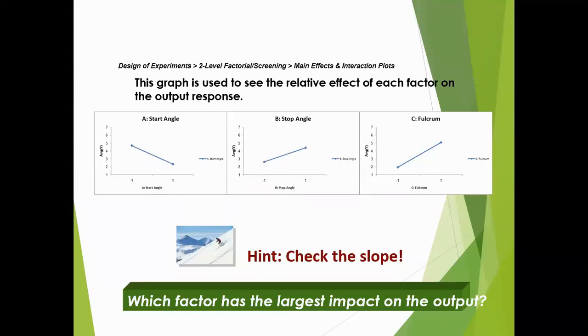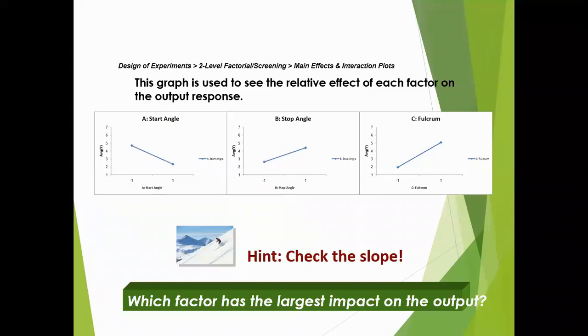The factor on the output response, that one seems to have a greater slope. Yeah. So this is fulcrum. -1 to 1, right? So both of them on the x value are -1 to 1.